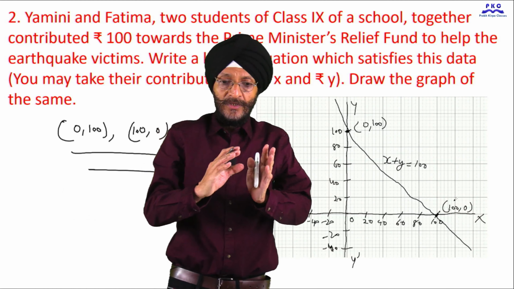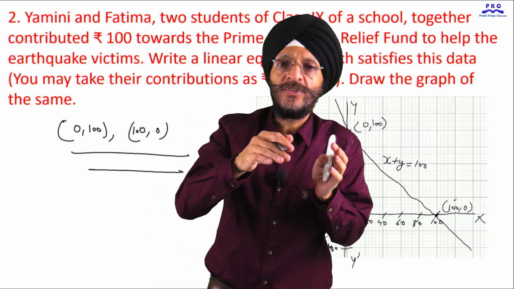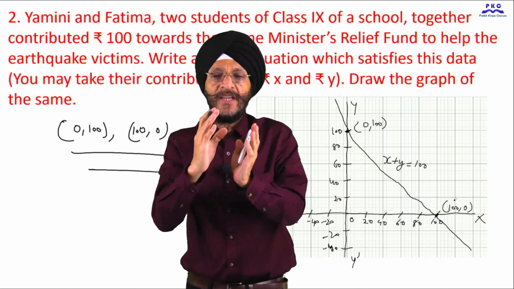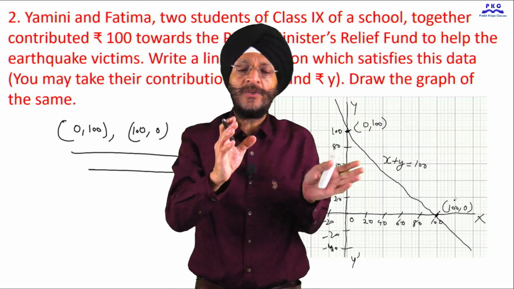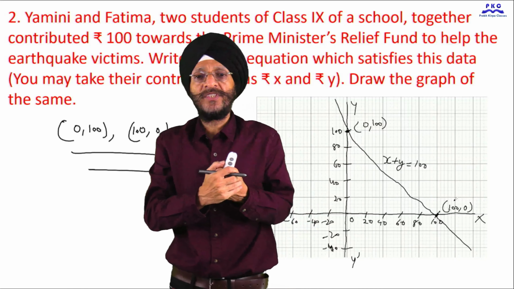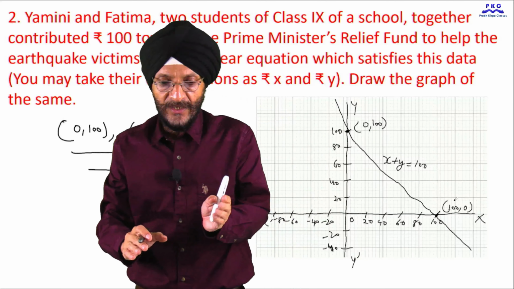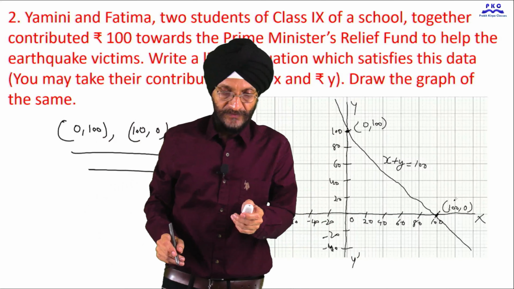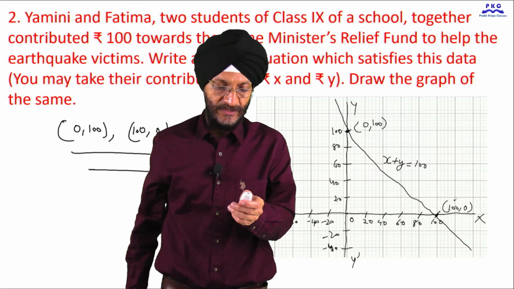So firstly, we assumed the contributions of Yamini and Fatima, and we arrived at two solutions which satisfy the equation, and then on the basis of the two points, we formed the graph. Hope you have understood it in very simple language.